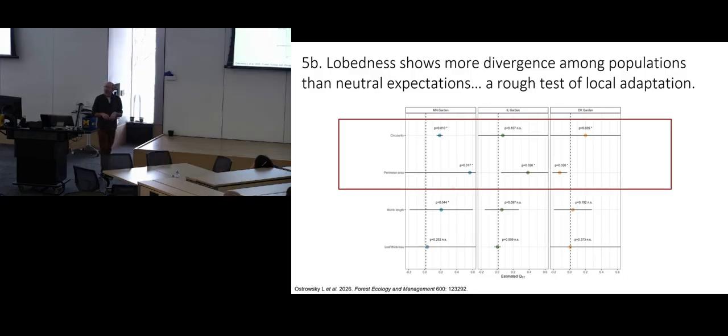That's exactly what you expect if natural selection is going on, causing those populations to diverge from one another in lobedness.